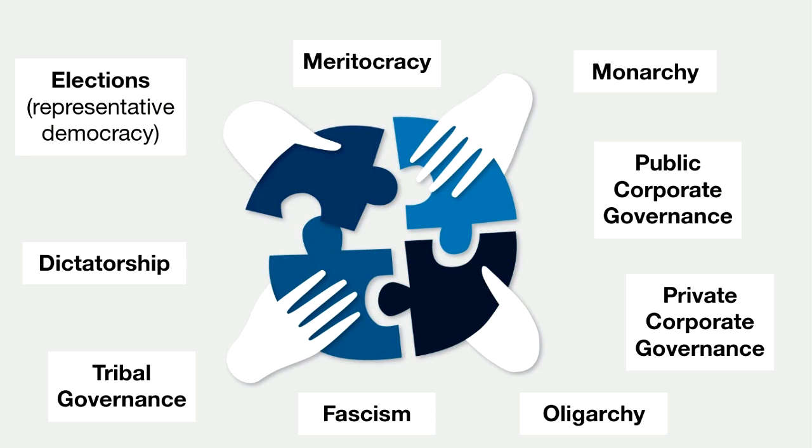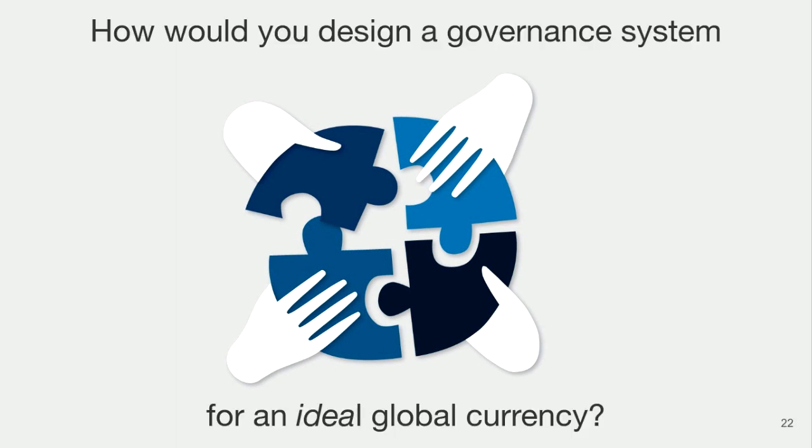Would it follow a representative democracy? Would it be a pure liquid democracy where everyone gets to vote? Would it be meritocratic in some sense? And how would you determine the merit for any given decision? You have to make sure that governance is decentralized, especially if you're claiming to have a decentralized system, which an ideal global currency would, I hope.